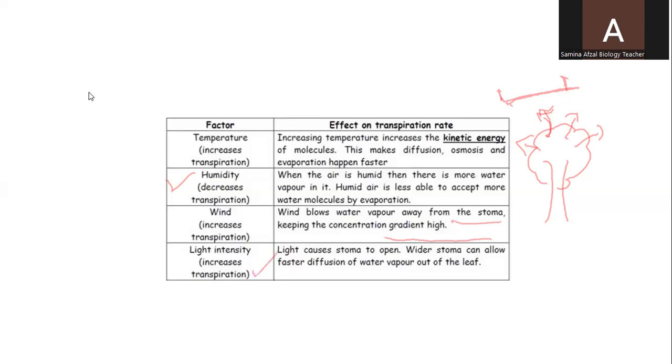High light intensity means high temperature. When there is high light intensity, there will be high temperature. If high temperature, more transpiration will take place. One more thing I would like to tell you: transpiration helps to keep plants cool. So it gives a cooling effect to them.